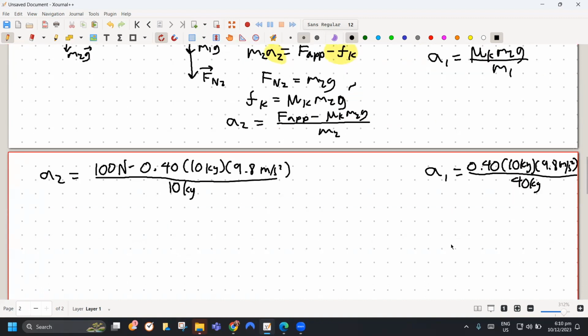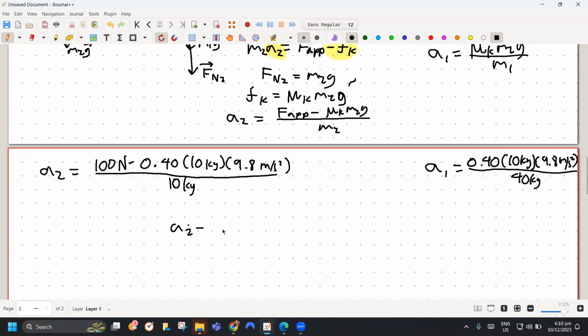And then, get your calculator. So, factor pa pala yan. So, therefore, 10 minus 0.40 times 9.8.